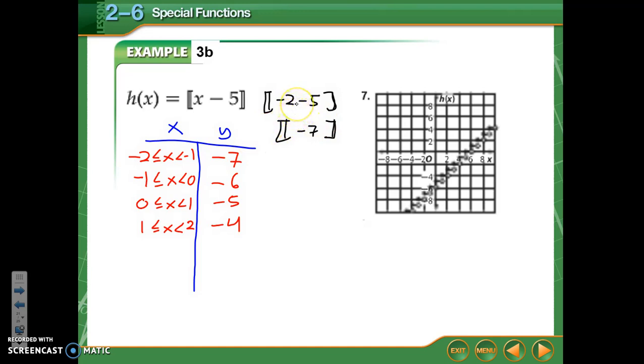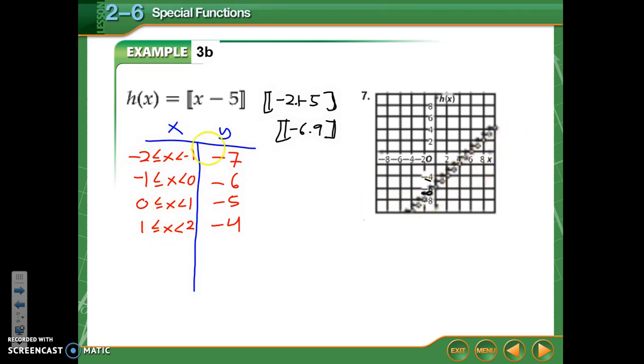If I plug in -2.1, then I would end up with -6.9 inside of here, and my greatest integer that's less than or equal to that would still be -7. So anywhere from -2 to -1, including -2, let's see if you can kind of see it there, it's this part right here, would be down at -7. And that works the same for each range of values all the way along the graph.